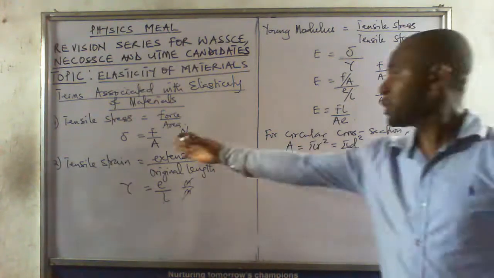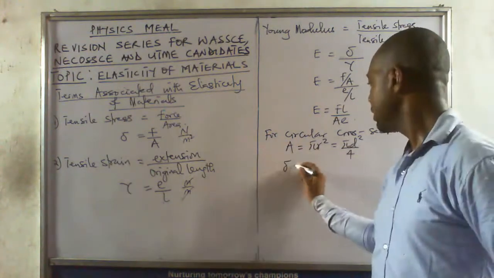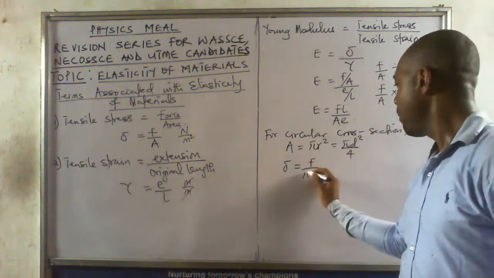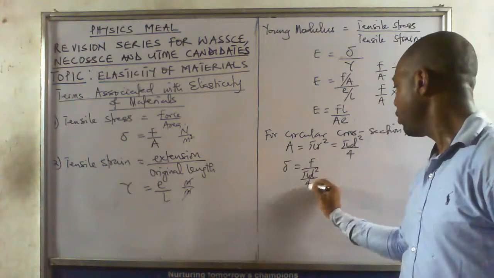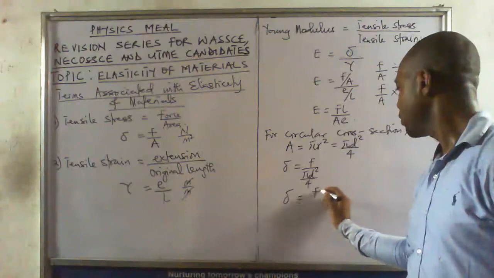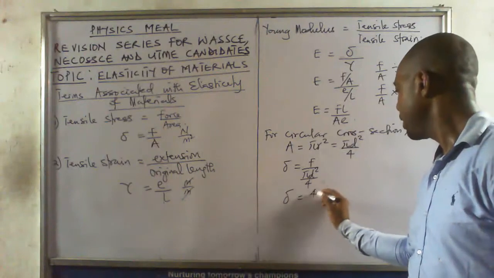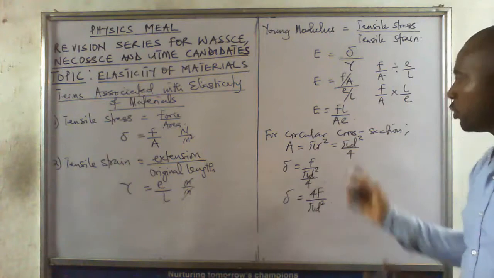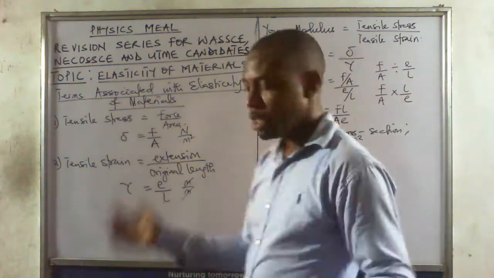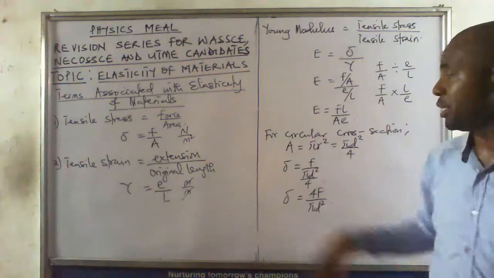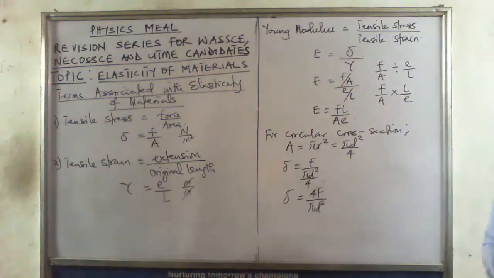So I can write that sigma, the stress, is force over pi d square over 4, and that can also be written as 4F over pi d square. Depending on the variables or parameters given in the equation, you now know what to do.